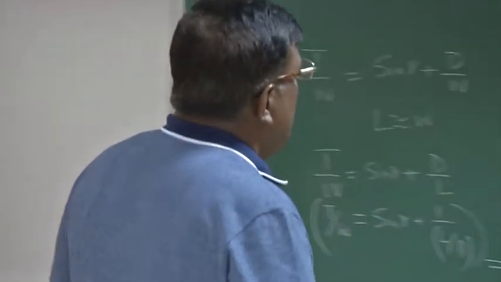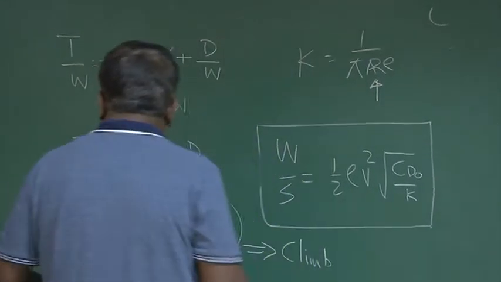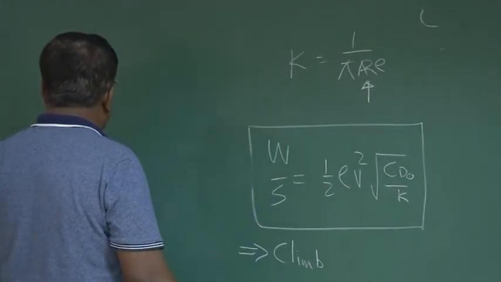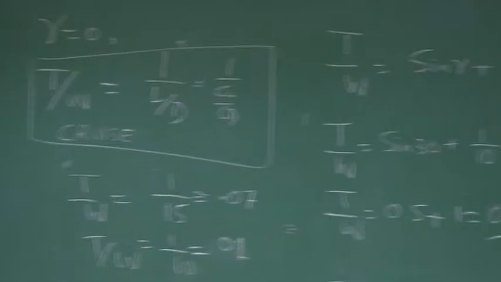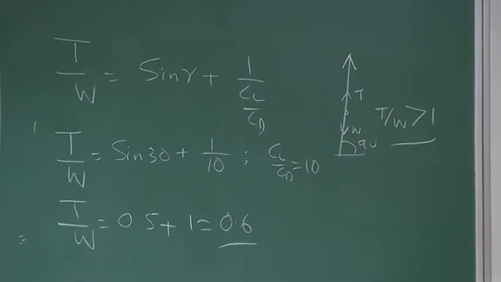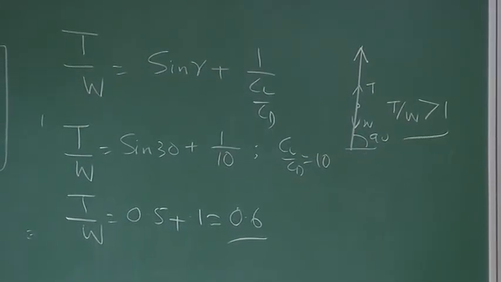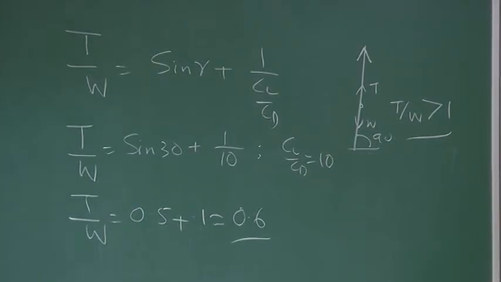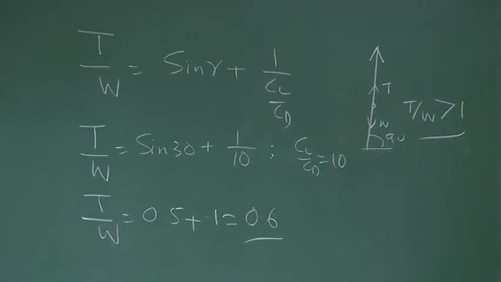Okay. If I have understood T by W and W by S, and while discussing I am talking about high speed, let us also have a few glimpses of what a high speed airplane is and how wing platforms are configured.